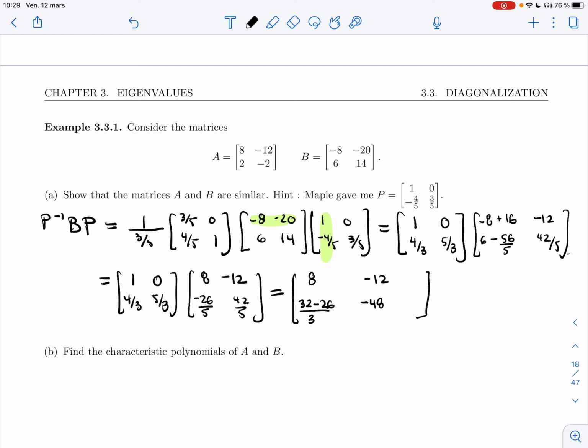And then here the 5 cancels and the 3 cancels as well. No, that's -16, sorry. -16. And then here the 5 cancels, the 3 cancels, plus 14. And so I do get 8, -12. Here it's 6 over 3, that's 2, and that's -2. And so this is A.